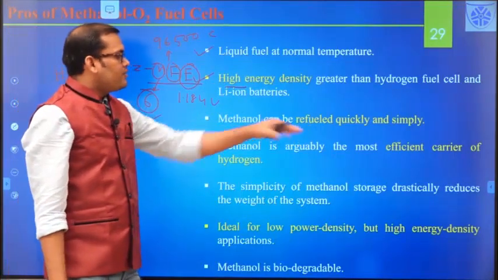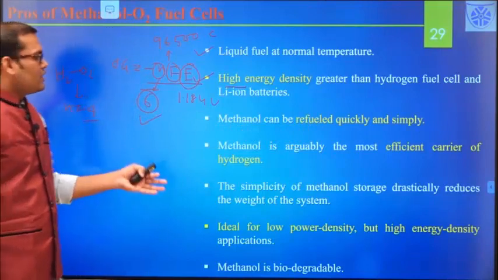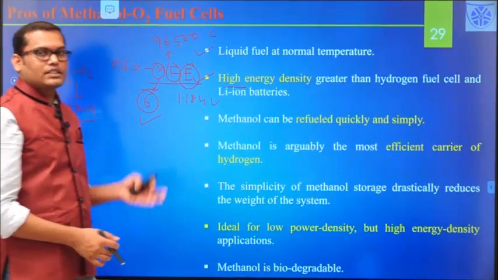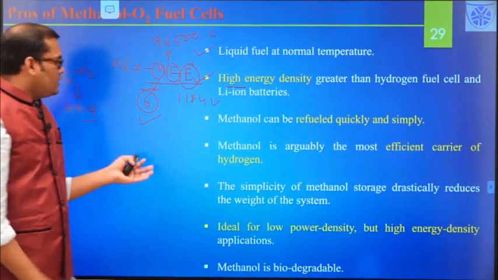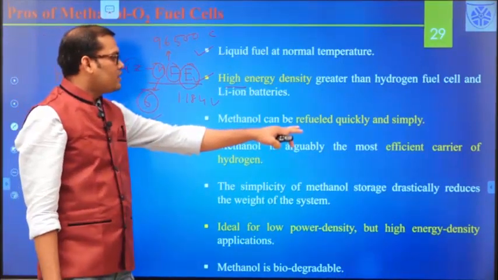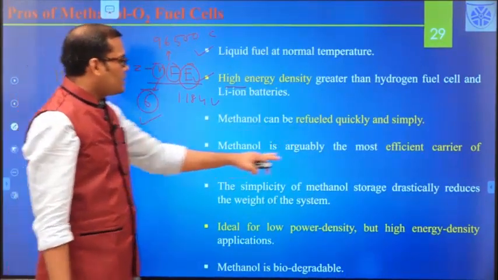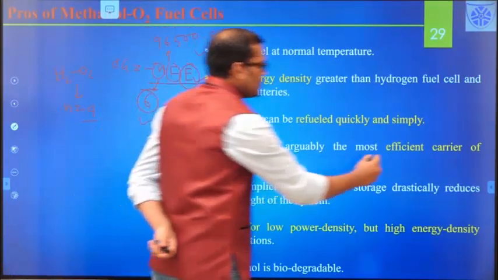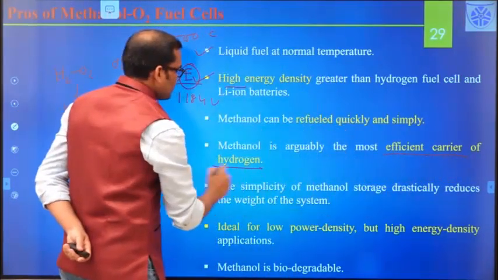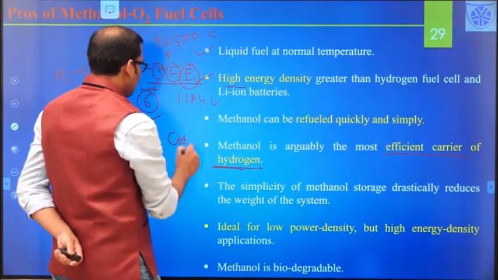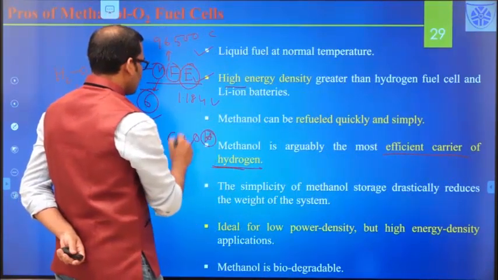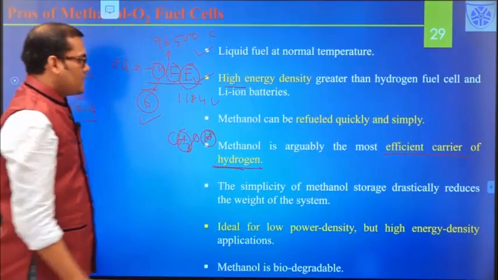Then methanol can be refueled quickly and simply, because as a liquid there is no problem with storing as compared to hydrogen. And methanol is arguably the most efficient carrier of hydrogen, because it is CH3OH, so you have a lot of hydrogens. So it's an efficient carrier of hydrogen.